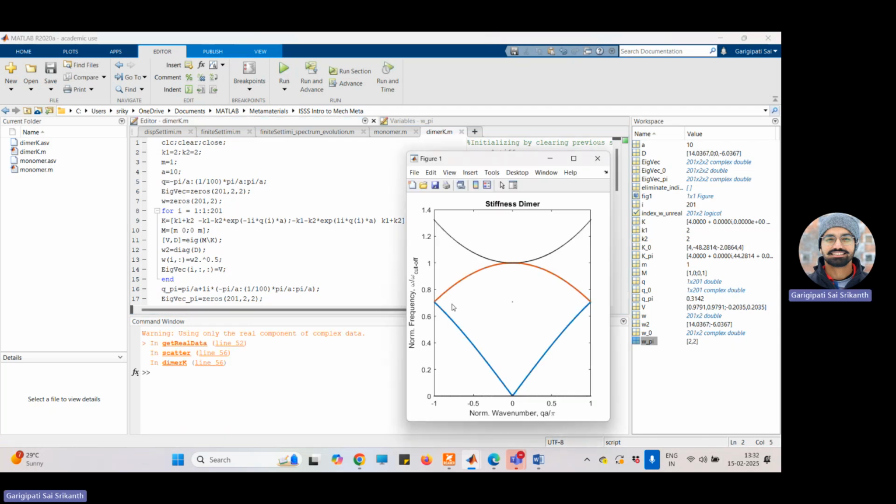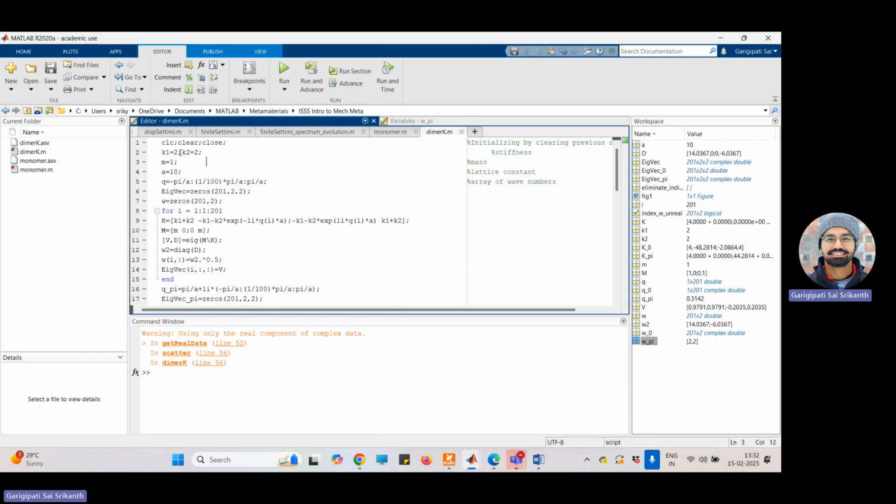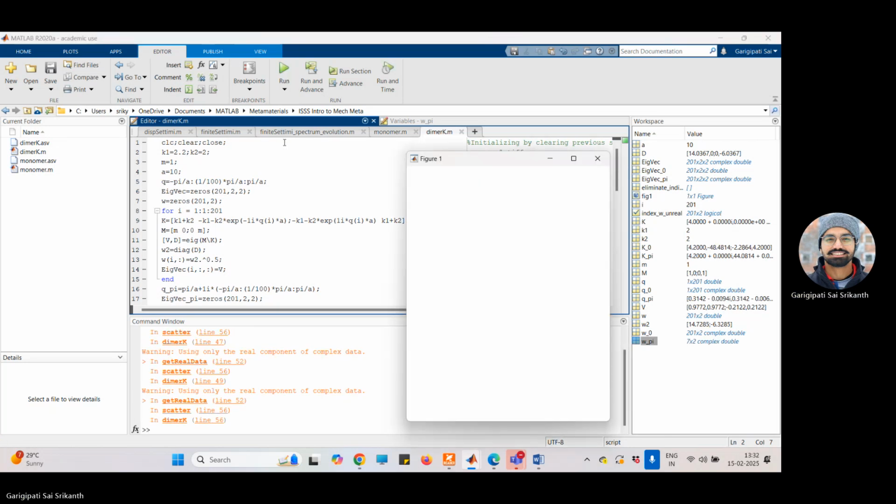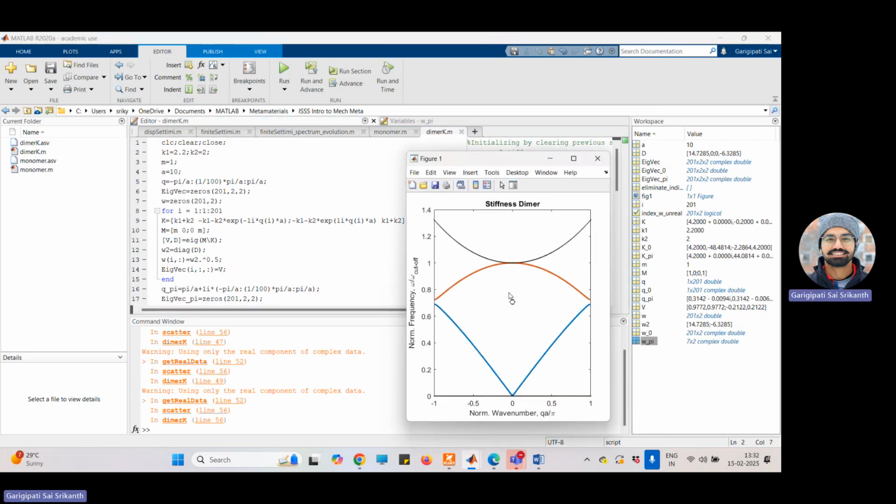So you see band touching. What happens when K1 is greater than K2? Band opens again. So this is band touching and band folding at the band gap, and then band touching and then opening.